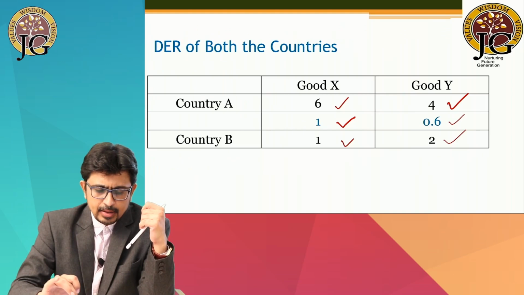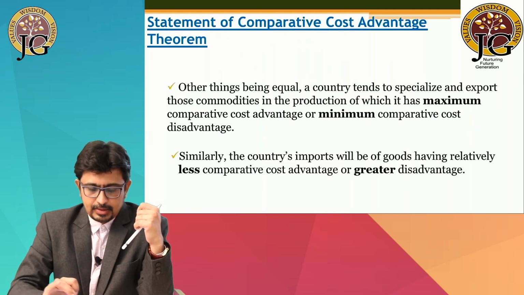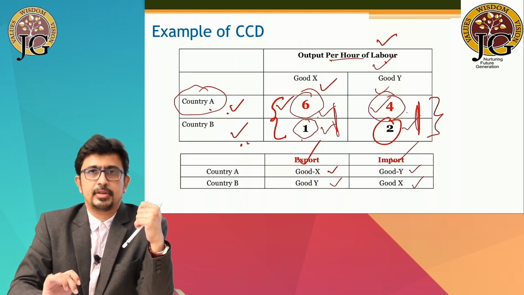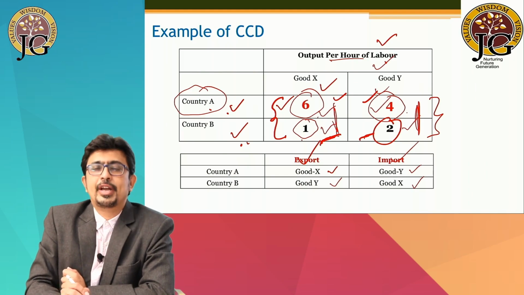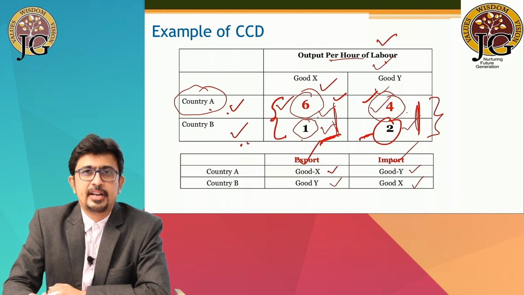If you see country B, this is the table. Look at these two numbers and compare them with these two numbers. So you can see that as compared to country A, country B is able to produce both the goods lesser.